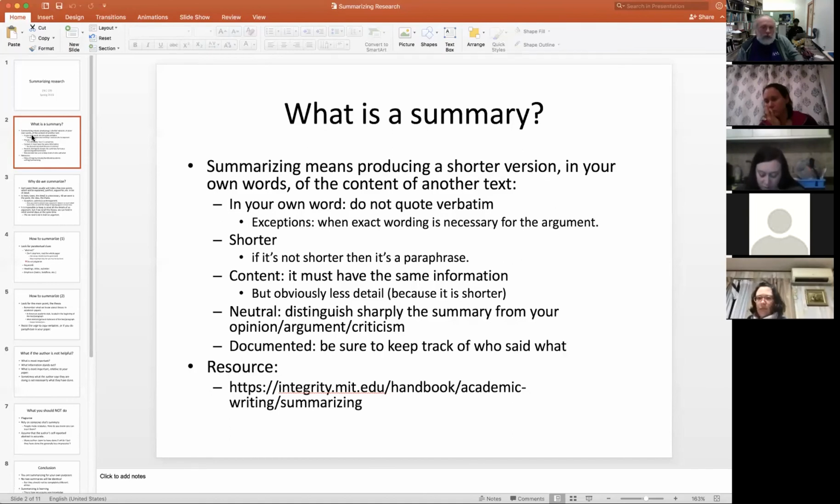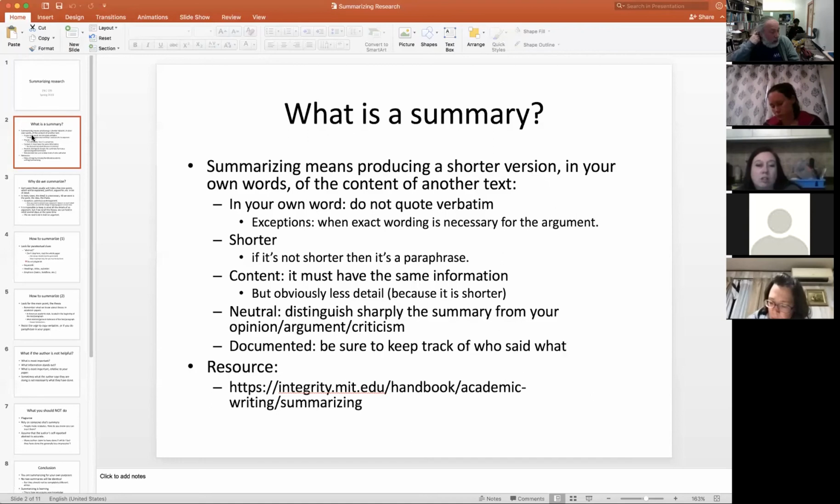Don't say, Attardo says wrongly that blah, blah, blah. That's editorializing, and it's not a good summary. Your summary should say, Attardo says this, end of the summary. Oh, and by the way, he's wrong. So the summary is an objective representation of what the person said, or persons said in that particular paper.